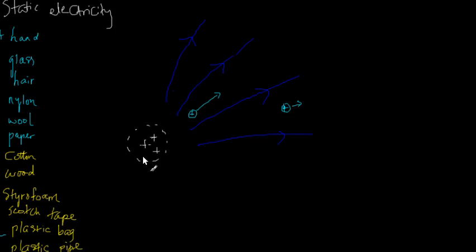But what this understanding tells us is that if instead of having a positive charge there, suppose that I have a negative charge there. There should also be a force on this negative charge. But the force will not be in the same direction as the arrows because the charge is negative.